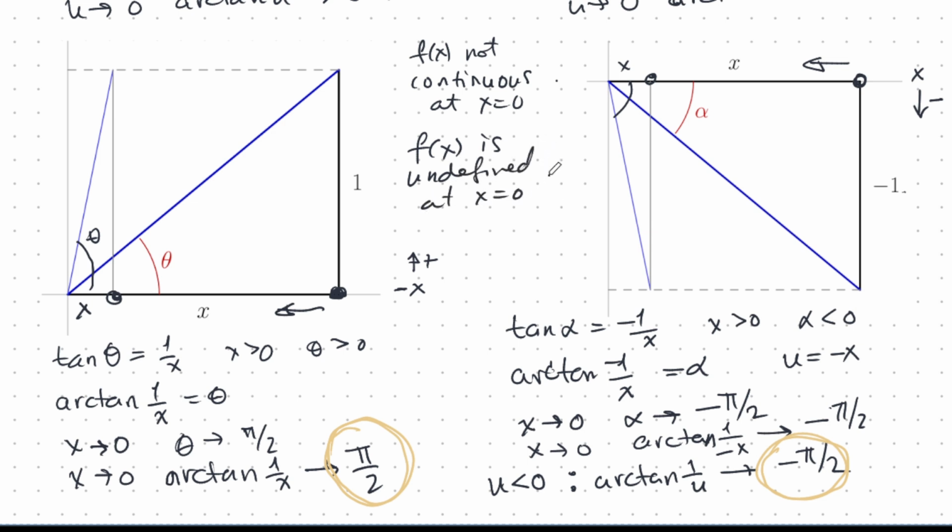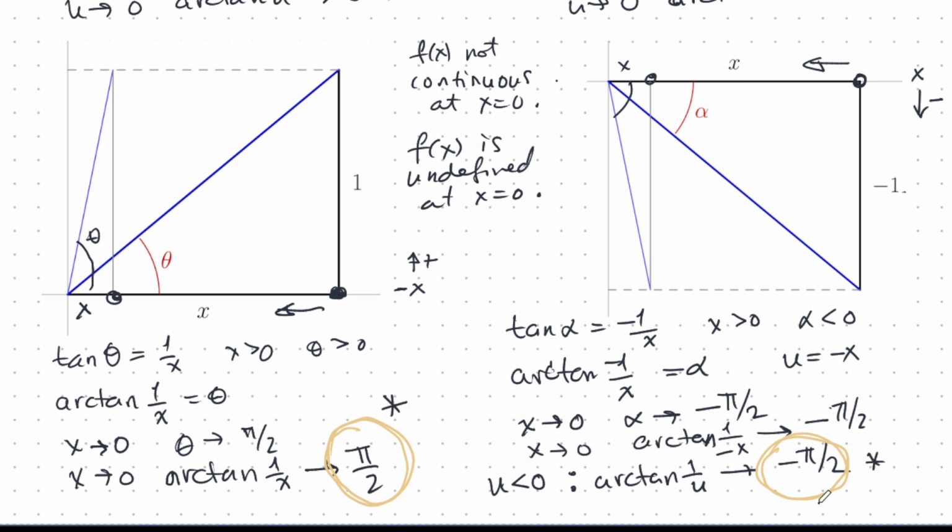It's not just that it's not continuous. Like I will show you in a moment, for a step function, it's not continuous at the step, but it's still defined. But here, it's not continuous and is not defined, because 1 over x is not defined at 0.